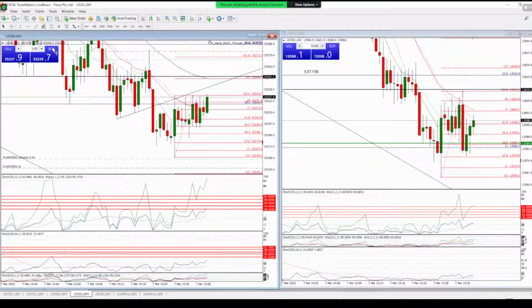Watching the stochastic up through 50. At 11 of weekly, it's on.